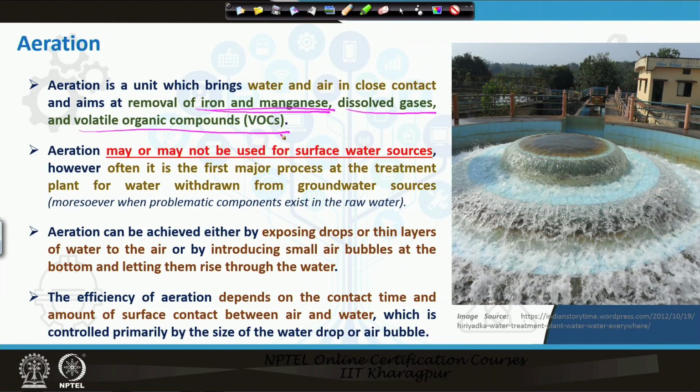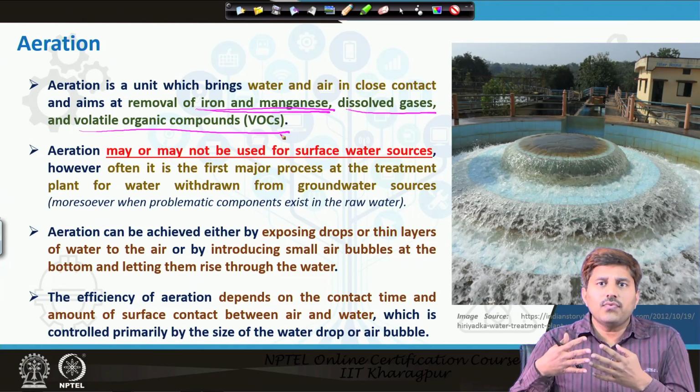It can be achieved either by exposing drops or a thin layer of water to the air, or by introducing small air bubbles at the bottom and letting them rise through the water. So, these are the two approaches. In one approach we pass water through the air, and in the other we pass air through the water.